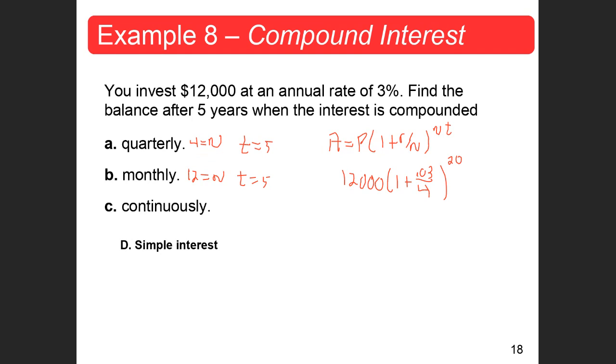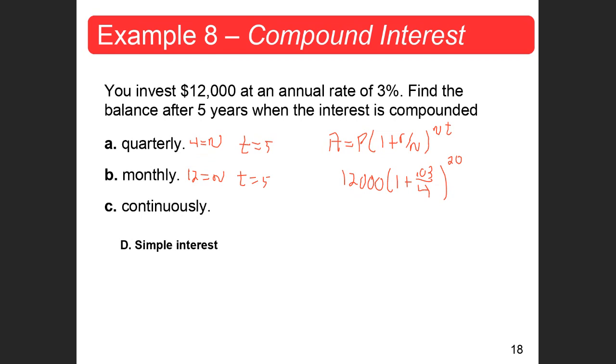Now, I don't have a graphing calculator here. I have a real cheapo one, so I'm going to try this. I'm going to go 1 plus 0.03 divided by 4. Let's see what that gives me. Then I'm going to raise it to the 20th power, and then multiply it by 12,000.